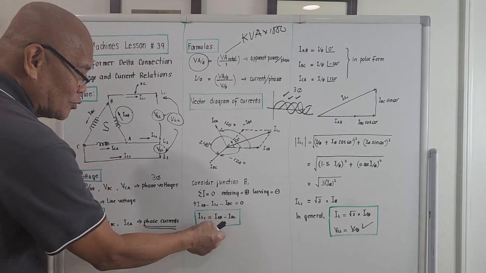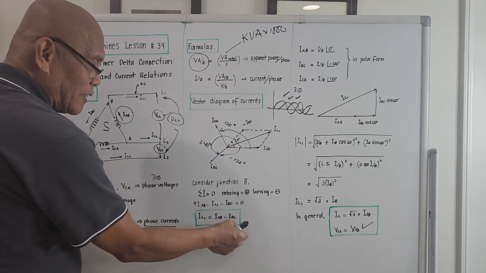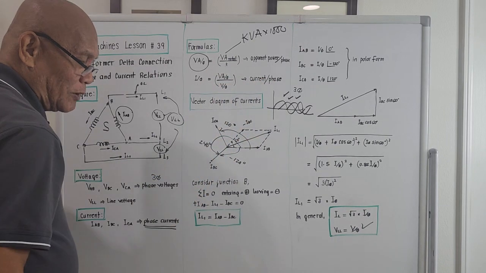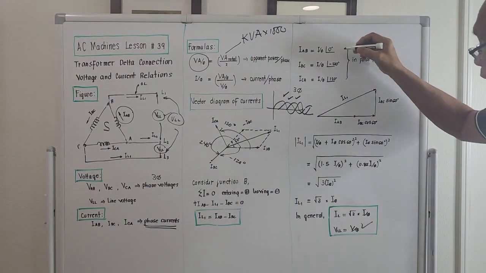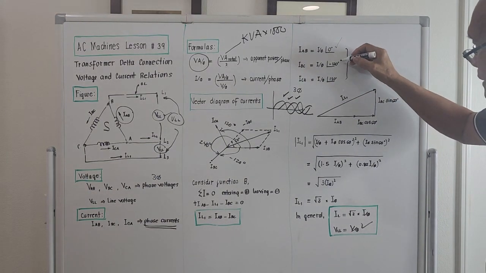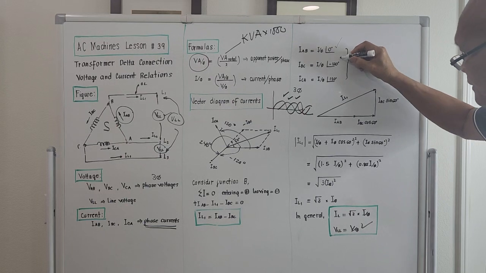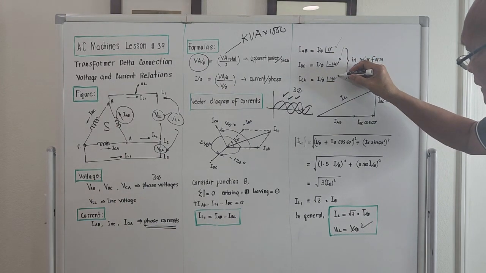To subtract the correct way, we must express IAB and IBC in the so-called polar form. IAB is actually at 0 degrees, and IBC is actually at negative 120 degrees. And I sub CA is actually at 120 degrees.